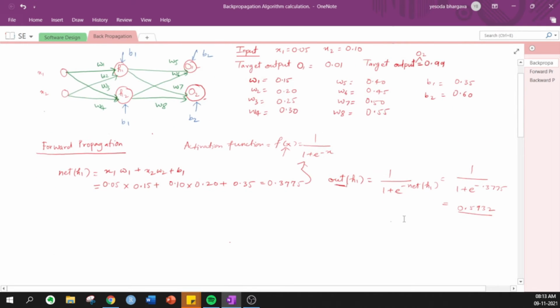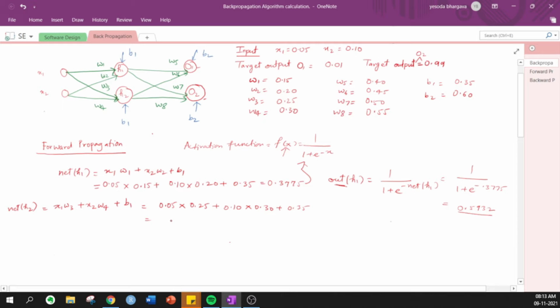These two terms are important to distinguish. Similarly, we compute net H2, and we will refer to these formulas later when we talk about backpropagation. When we compute it, this becomes 0.05 into 0.25 plus 0.10 into 0.30 plus 0.35, which is the bias term.